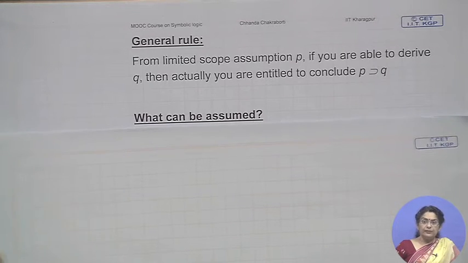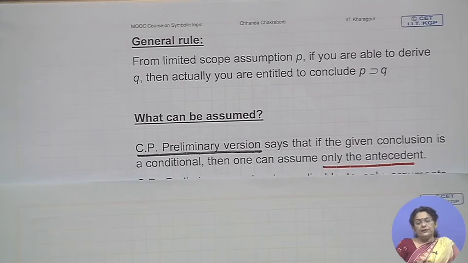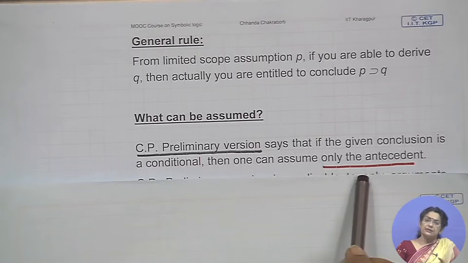And that preliminary version says this, that given that you are working with an argument where the conclusion is a conditional statement, then what you can assume is only the antecedent of that conclusion.